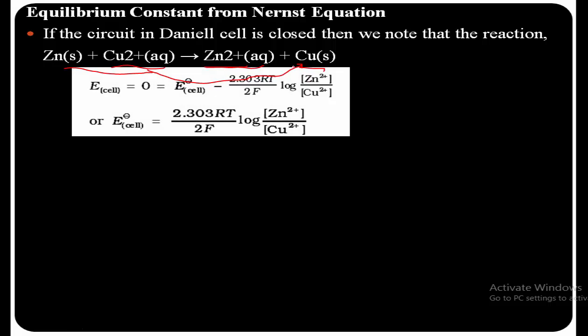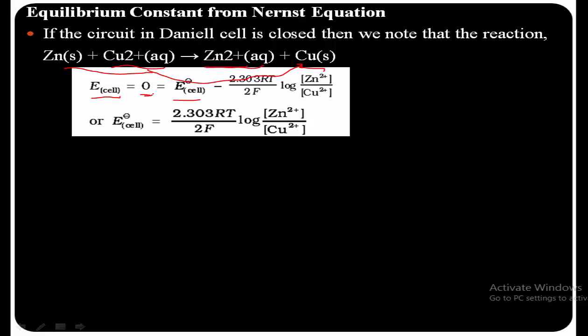So there we can give the equation like this: EMF of the cell is equal to 0, meaning no EMF or voltage is produced when the circuit reaches equilibrium, and hence it is E0 cell minus 2.303 RT divided by 2F log [Zn2+] divided by [Cu2+]. This is how we can write the equation.